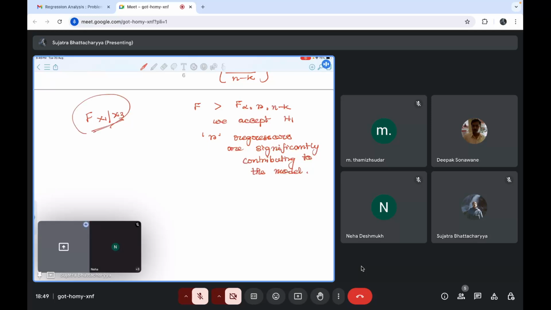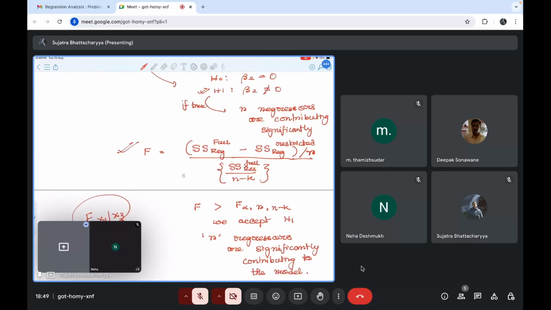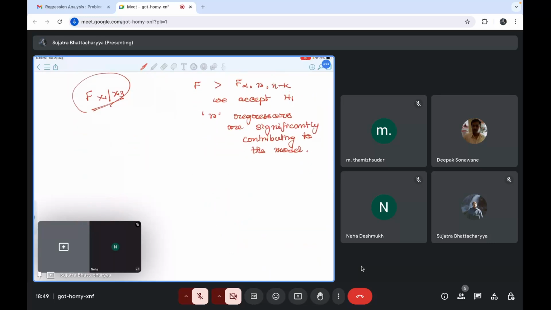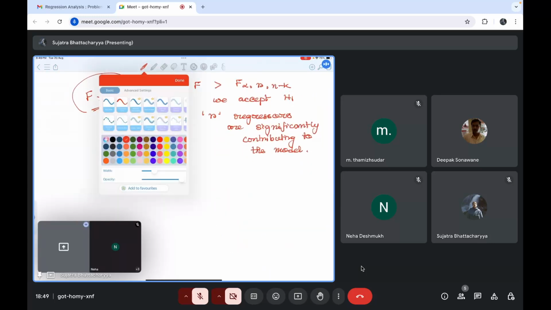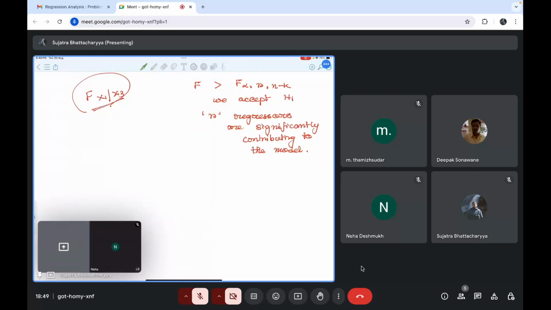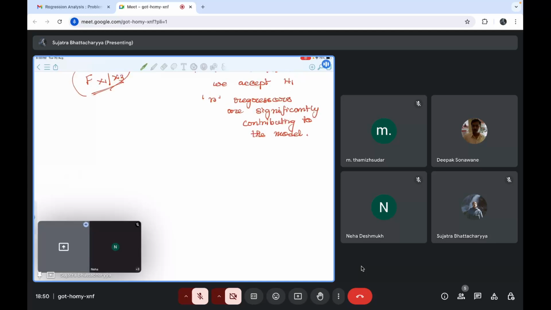This kind of formulation is useful, so we will come to it later. Now let me quickly move to the week 4 concepts, and then we will solve questions today. So, week 4, brief contents, I will just write it down.